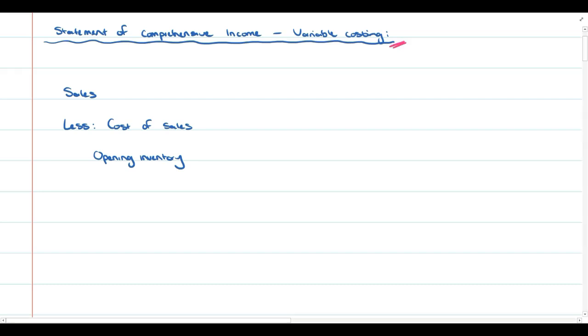So we had two variable production costs: material and labor. So we take our opening inventory, we add our raw material costs and our labor costs, and we deduct closing inventory to get the value of cost of sales.